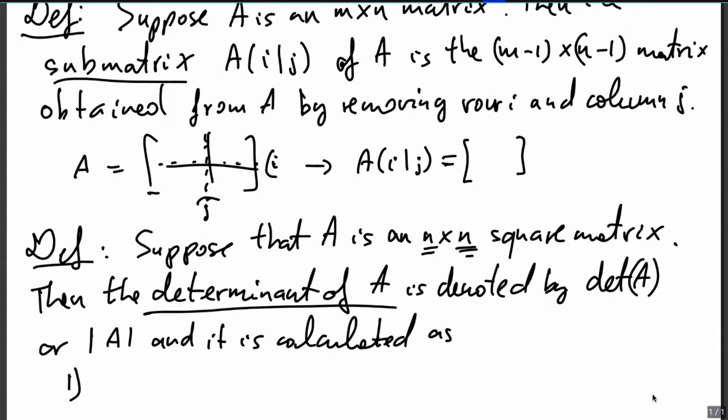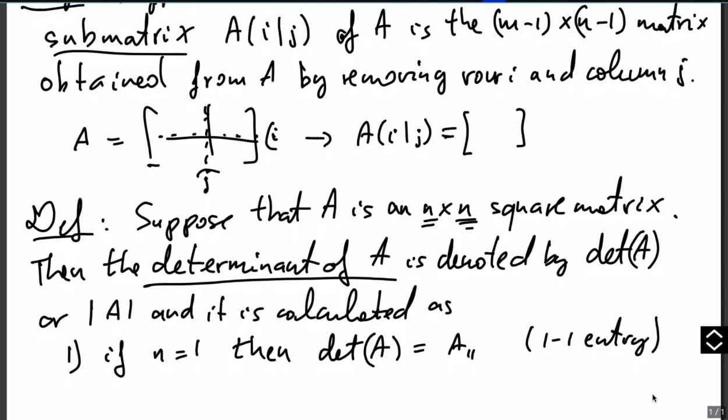In the first case, if the size n is 1, we have a 1 by 1 matrix, then the determinant of A is just this one entry, which is one number, and that's actually the same as the matrix itself.